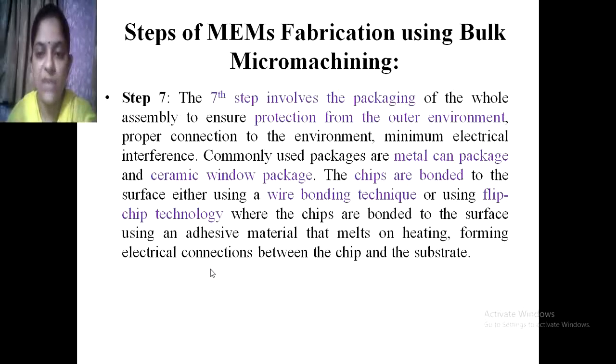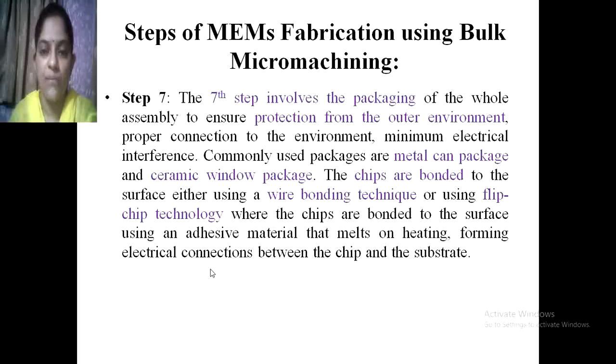The chips are bonded to the surface either using wire bonding techniques or using flip chip technology, where the chips are bonded to the surface using an adhesive material that melts on heating, forming electrical connections between the chip and the substrate.